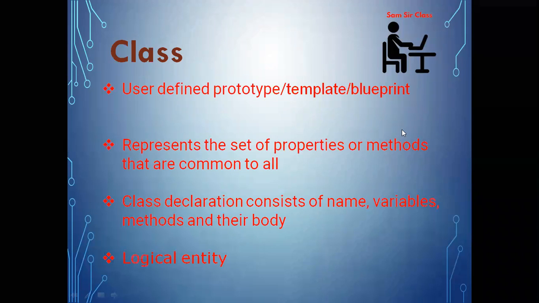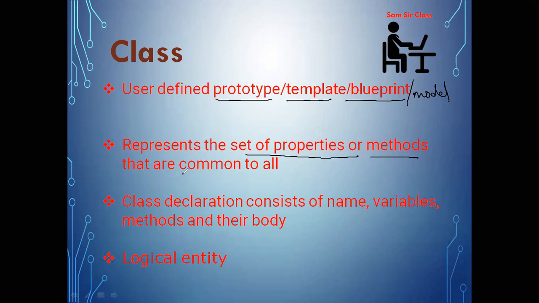So class is nothing but, what we have discussed, the user defined prototype or the template or the blueprint, or you can say the model that the tailor has made. Okay, and we will also do the same thing. Clear? Now it will represent the set of properties or methods that are common to all. Means what?